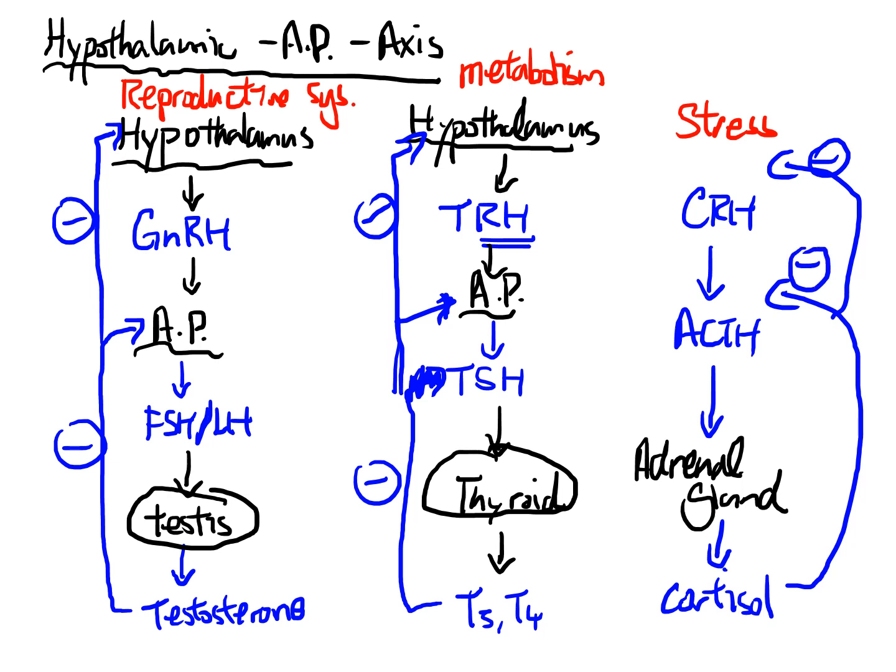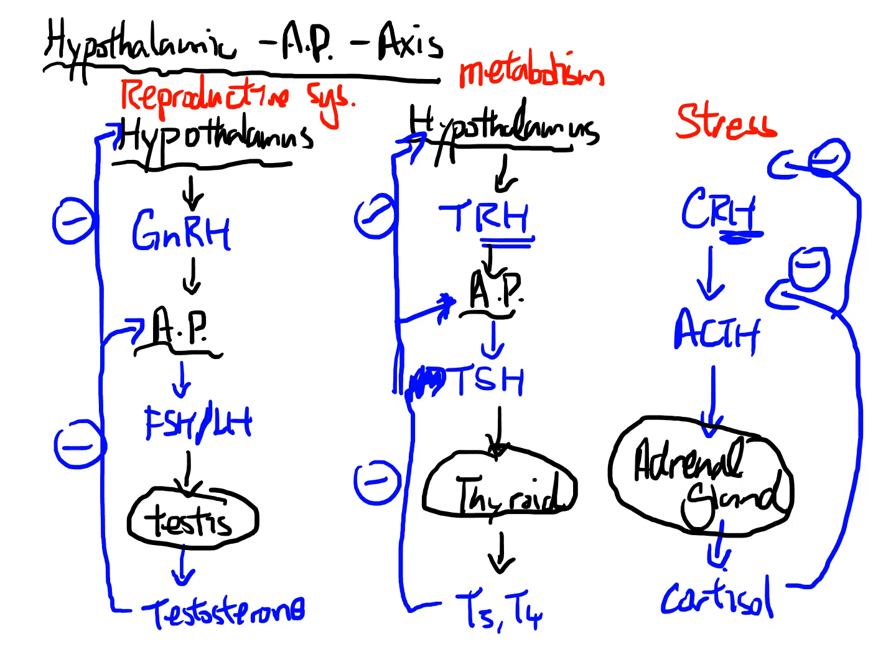All right, so there are three main axes here, and you need to know them pretty well. But they all follow the same theme. Okay, they all start with some kind of releasing hormone from the hypothalamus, and then that will cause the AP to release some other hormone, which would then target some final gland, and finally from that last gland you will release some other hormone.